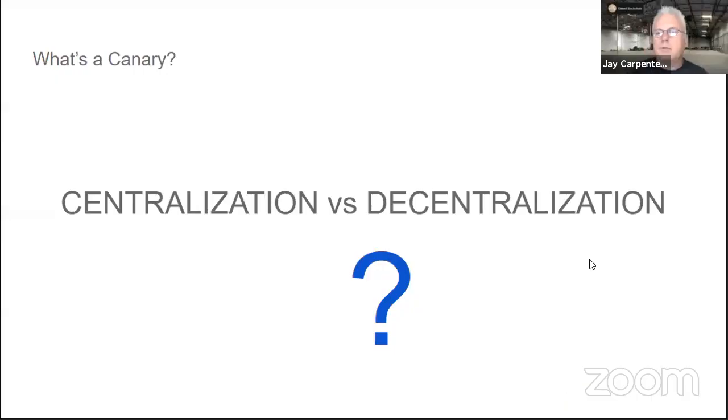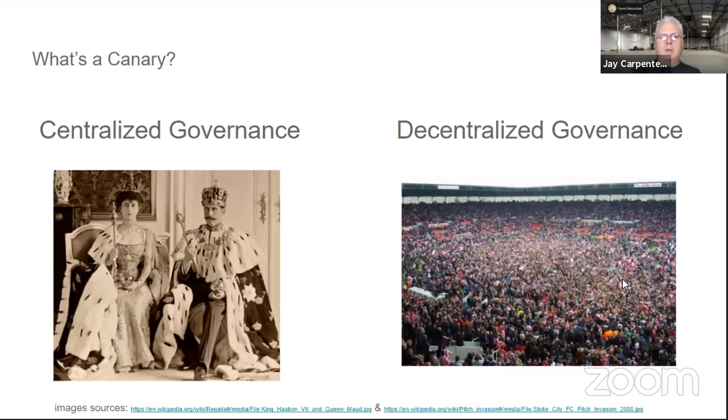Back to the presentation. Okay, so in terms of centralization versus decentralization, until this thing called blockchain came along in about 2009, we have relied upon pretty much centralized governance, represented by a king and queen, or whatever sort of centralized governance you want to pick.